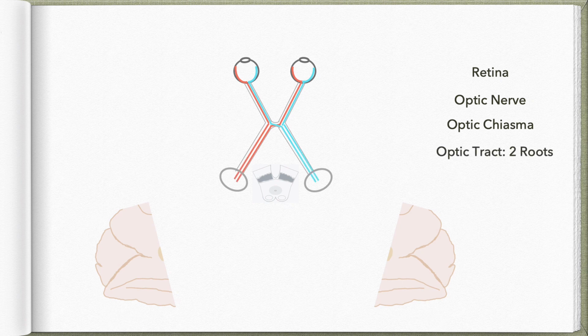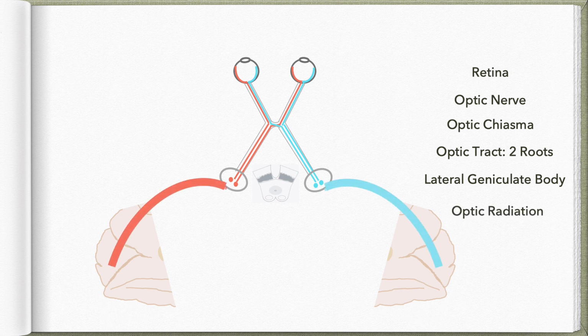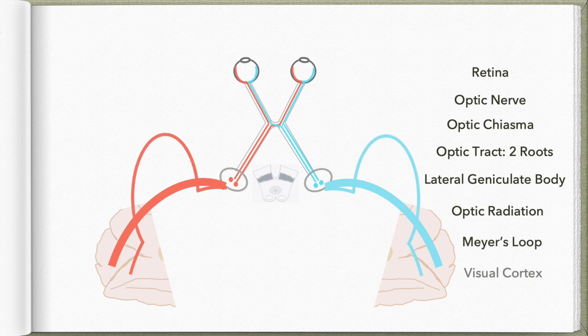Now this optic tract has two routes of termination. The larger lateral route will terminate in the lateral geniculate body. This will then transfer the information to the visual cortex through either optic radiation or through the Meyer's loop. So these two pathways, that is optic radiation and Meyer's loop, will carry the information to the visual cortex.